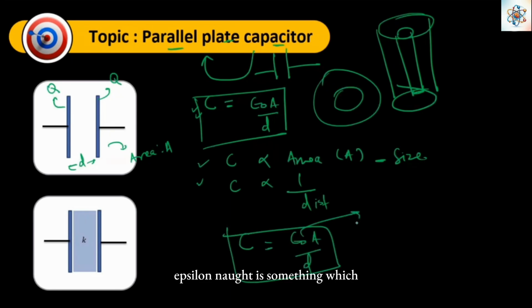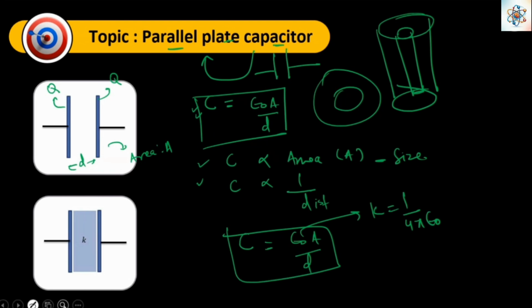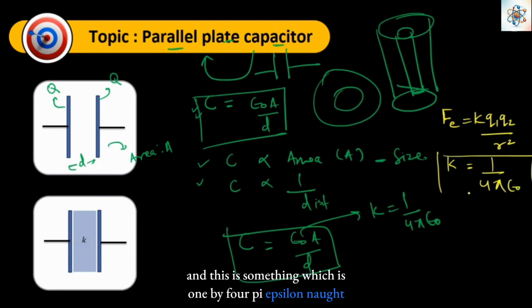Epsilon naught is something which is there in K. Now tell me, what was K? Where did we study it? Is it the force? No. In electrostatic force, there exists a K which is a proportionality constant, and this is 1 by 4 pi epsilon naught.